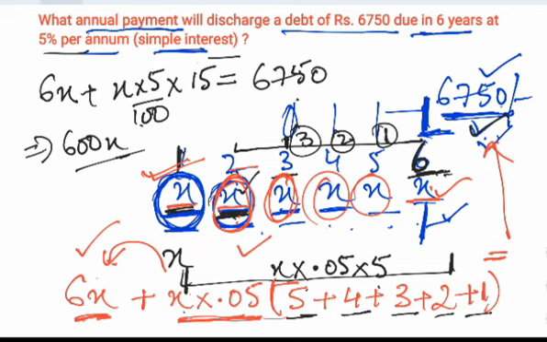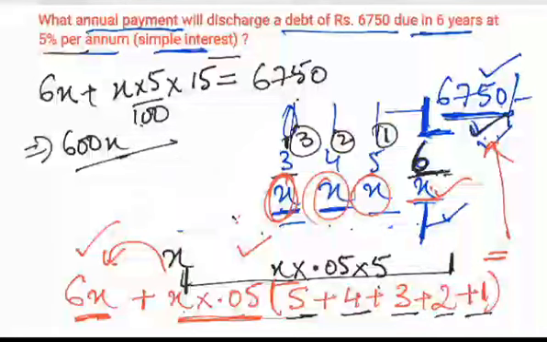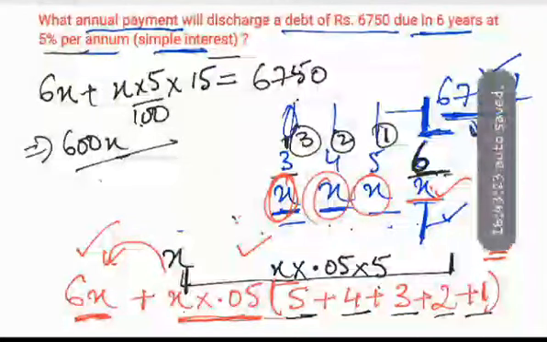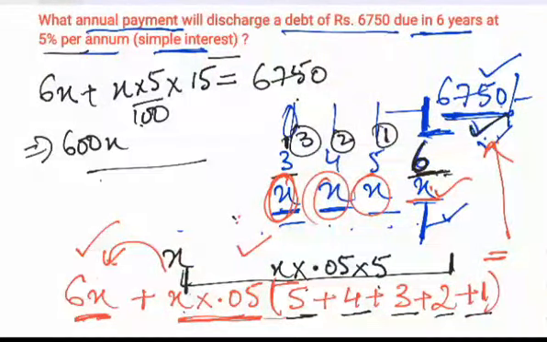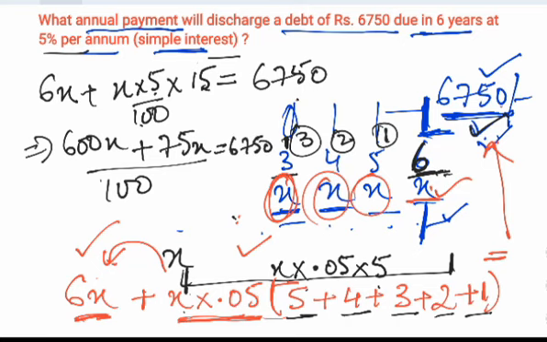So this gives 600x over a common denominator 100, plus 5 into 15, that is 75x, equal to 6750.